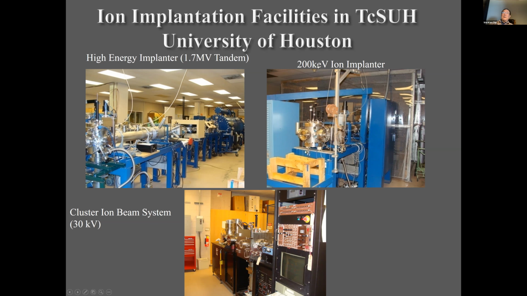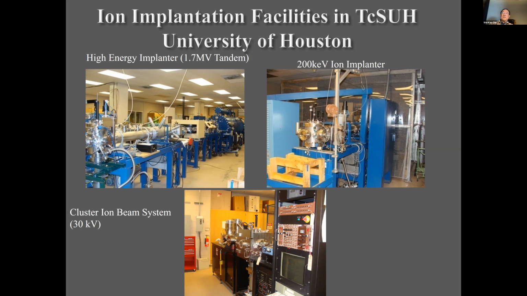On the upper right is shown the ion source part. There's a 200 keV ion implantation machine. That machine is idling, and 200 keV is a very broad energy region. Since we were using the MeV most of the time, this machine is not working. And on the bottom picture, there's a cluster beam machine.